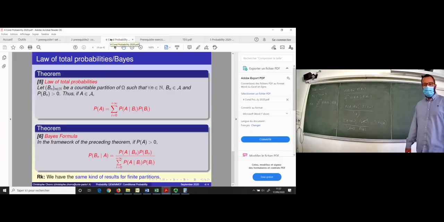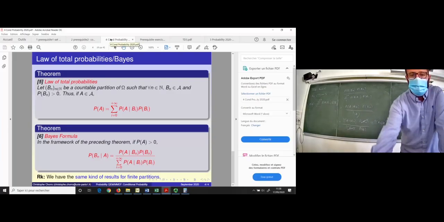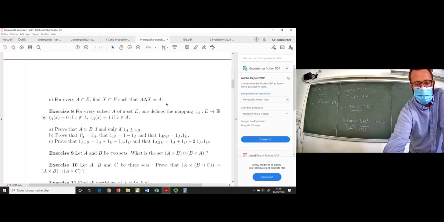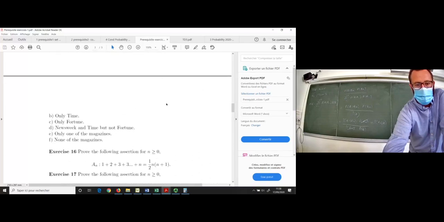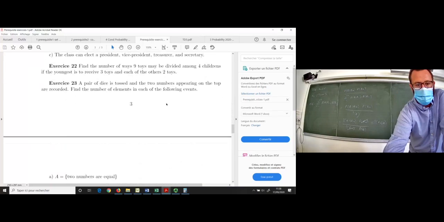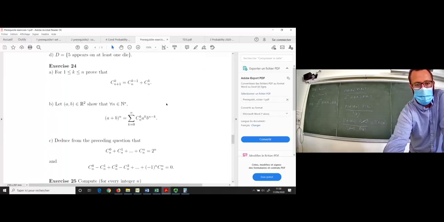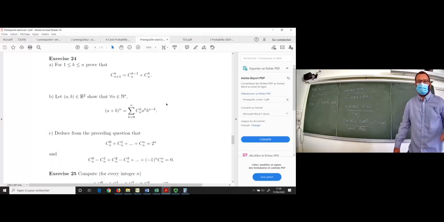Okay, so let's finish with the beginning of one exercise I will finish correcting next session. I come back to the summer list of exercises, and I want to deal with exercise 24 and exercise 25. This formula, the way to develop (a+b) to the power n, is known as the Newton formula.